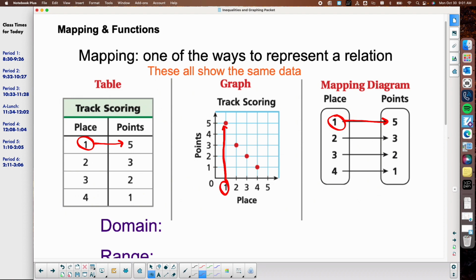Now, this mapping one isn't what a normal mapping one looks like. This one kind of looks like a table because the numbers are just in order like the table. Normal mapping ones, the arrows can point to any of the numbers on the right. So it's not always going to look like an arrow just going flat like it currently is. Mappings can look like anything. Tables can't. Tables always have to look like this. And graphs, you're used to graphs.